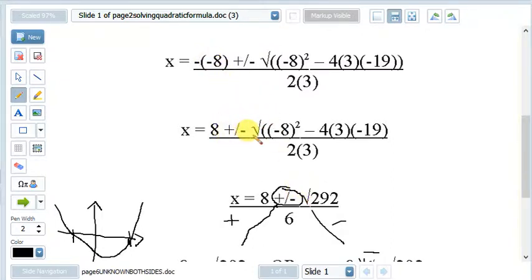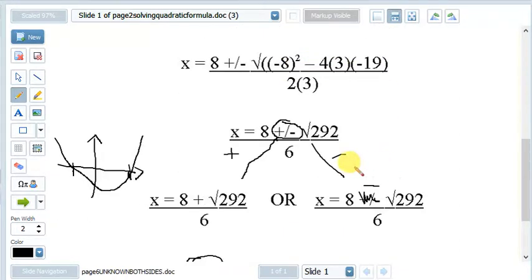So now what we've got to do is simplify what's under the square root. And minus 8 all squared minus 4 times 3 times minus 19 is 292. And now what we need to do is to take into account this plus or minus here.